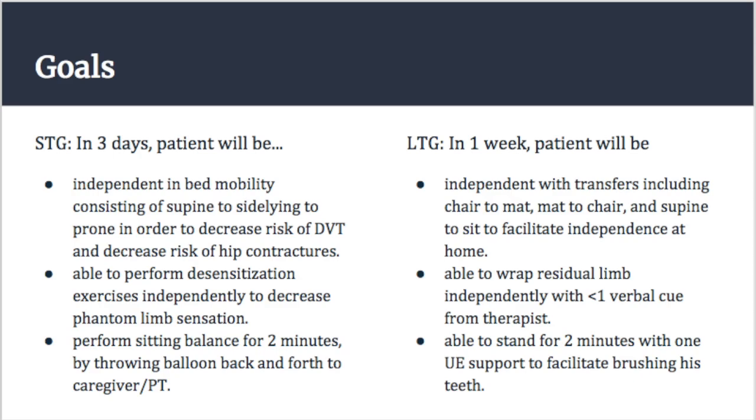If he learns this early on, it's going to be easier as he gets older, because this is something that he's always going to have to deal with. For the last goal, we want him to be able to stand for 2 minutes using only 1 upper extremity for support, to facilitate things such as brushing his hair, brushing his teeth, anything that requires 1 arm, so that he can still have a little bit of balance and be functional when we discharge him.